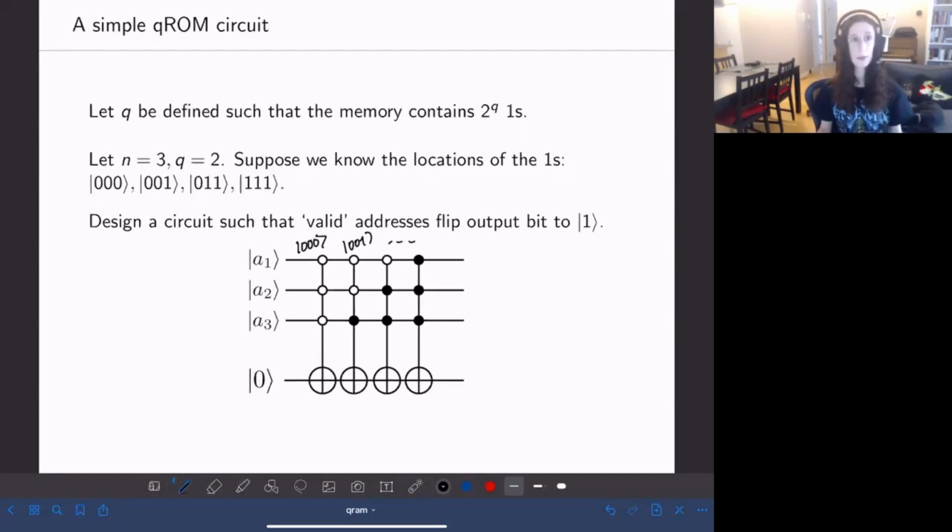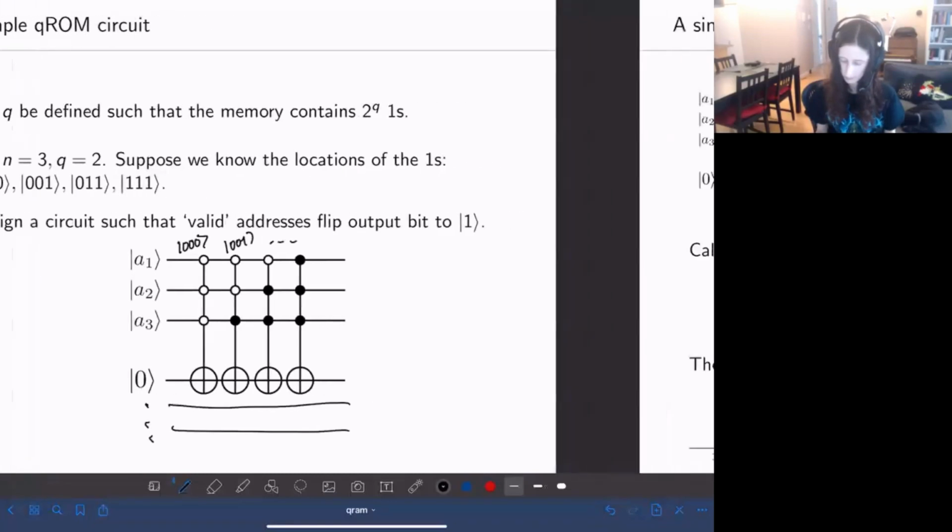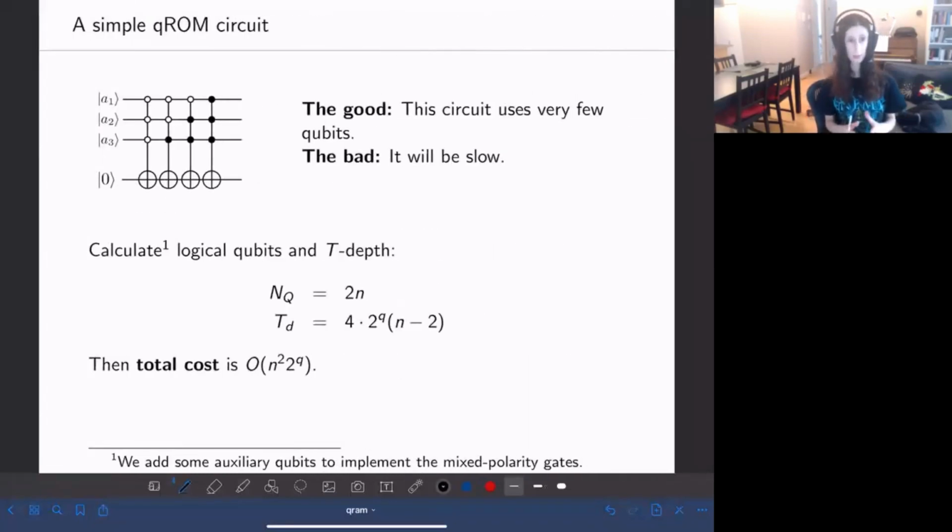And if you have multiple data bits, for example, if you're storing more than a 1-bit number, you just have more lines here and you would be doing essentially the same thing. What's nice about this circuit is that it uses very, very few qubits.